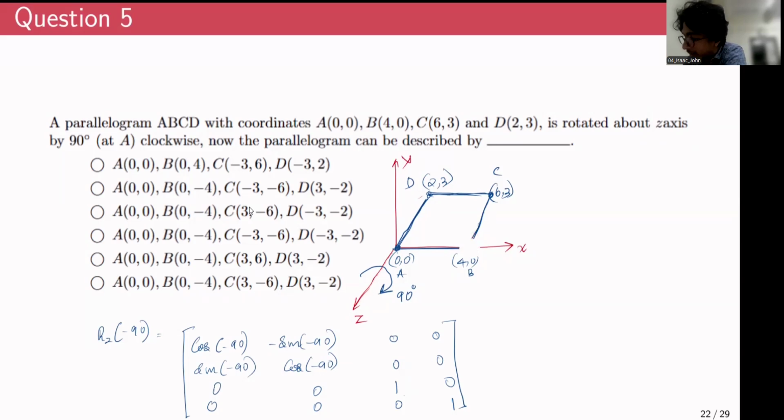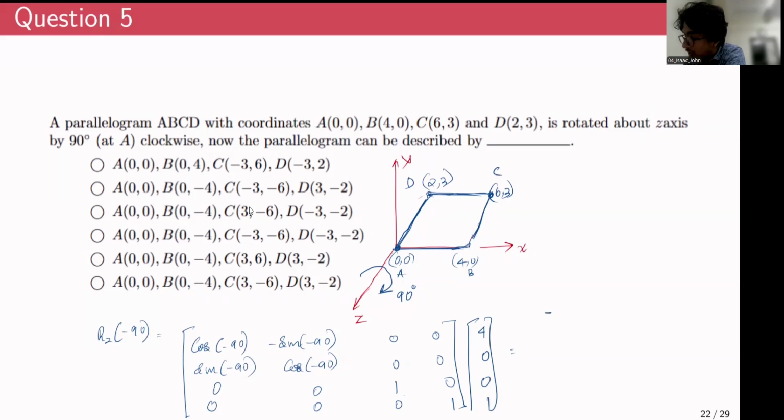So let's see what it looks like. 4, 0, then the Z coordinate is 0. Then the final term is going to be 1, because as per the homogeneous coordinate convention, the final term is going to be 1 to maintain the original scaling.